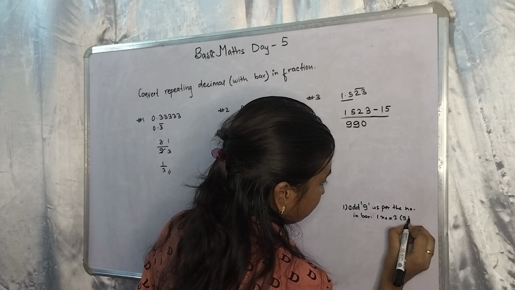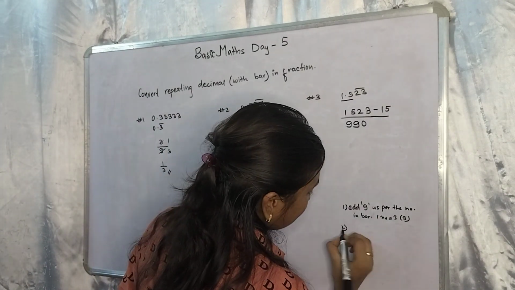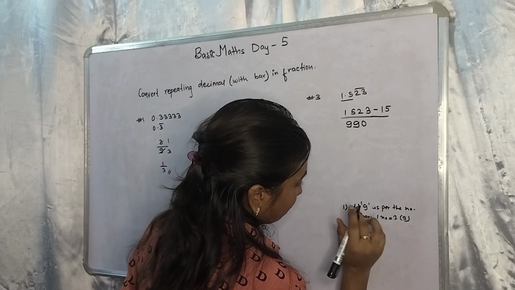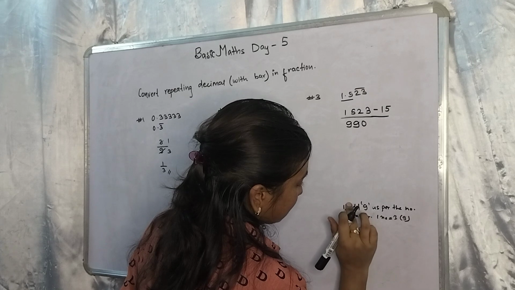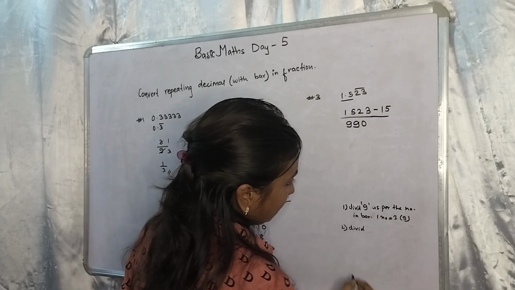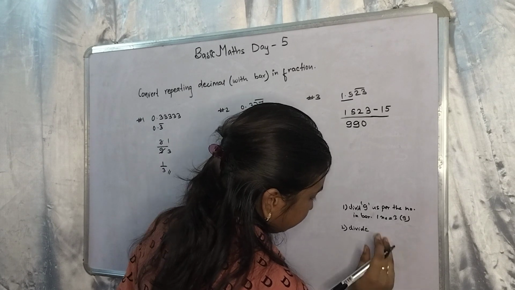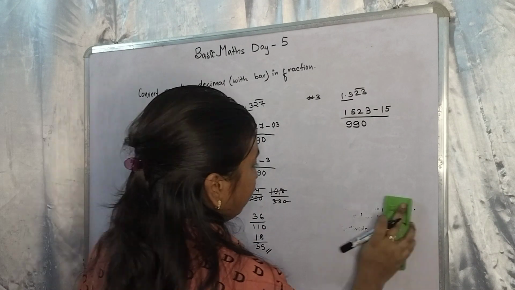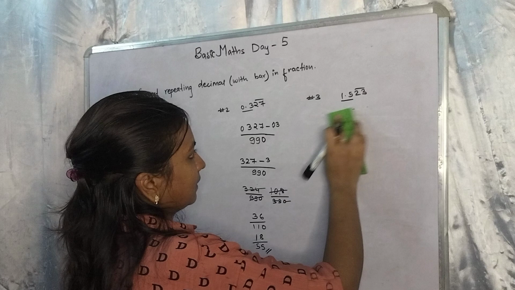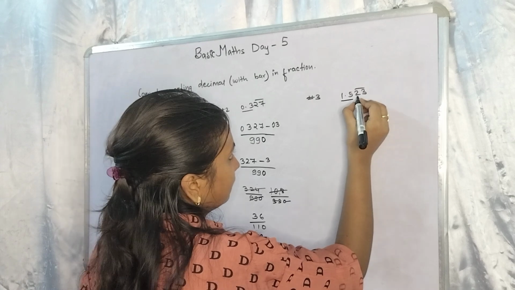Number two is divide, not add. Divide by 9s as per the number. I am not able to write this well, because writing can make you more confused. So let's again see: first we will write 9, which will help us to remove this bar.